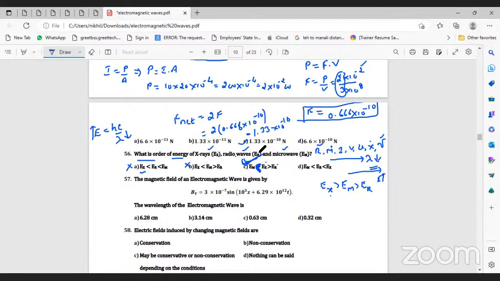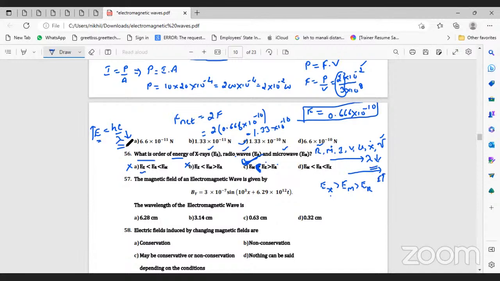Just arrange the sequence from radio to gamma. So radio waves, microwaves, infrared, visible, UV, X-ray, gamma. From radio to gamma, wavelength decreases. You know the formula E is equal to hc by lambda, so E and lambda are inversely proportional.